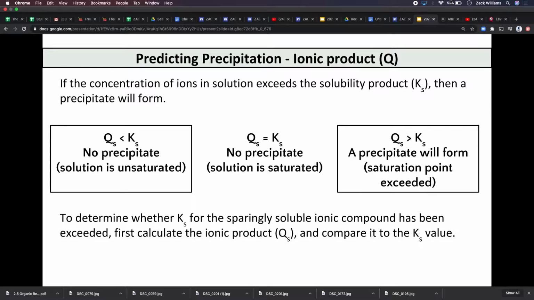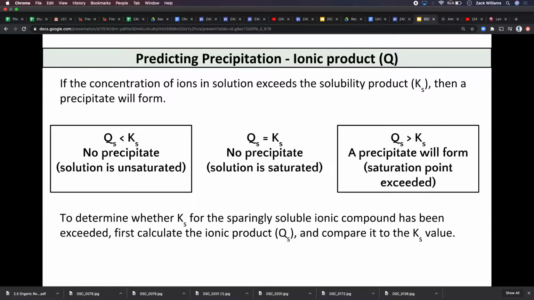Now this quantity we're going to calculate is called the ionic product, given the symbol Q, sometimes Q sub S. If Q is greater than the solubility product constant, we will have a precipitate, and if it's smaller, we know more is able to dissolve. Rarely, if ever, will you see a problem where it happens to be equal to Ks.